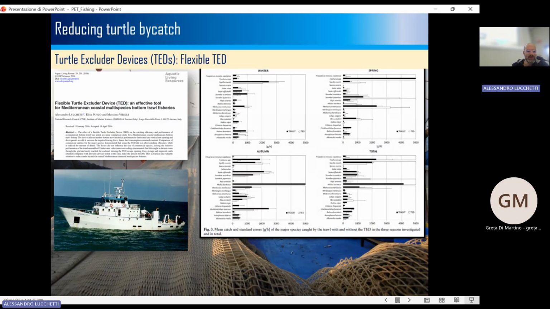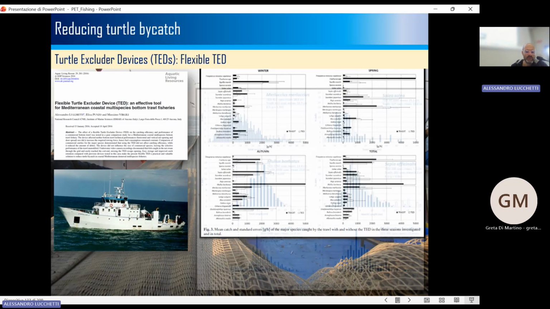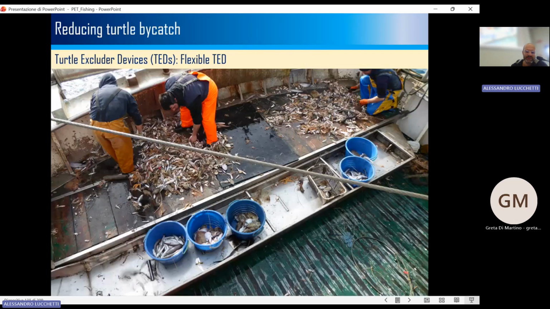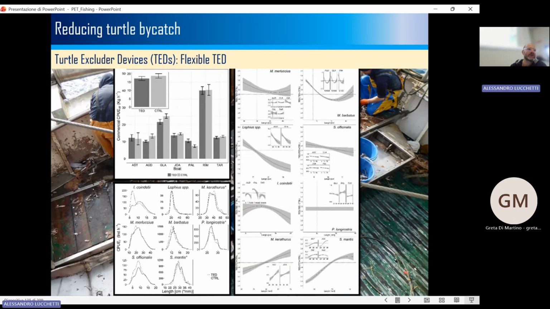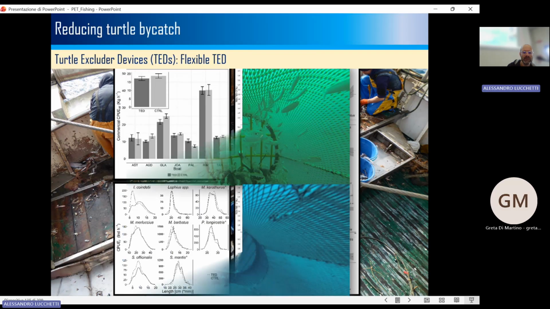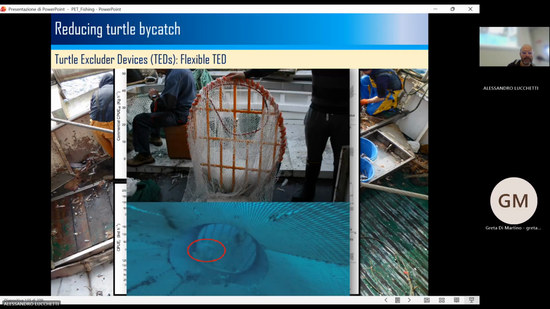You have to consider in your trial the analysis of the commercial part of the catch, etc. Here we demonstrate that there was no commercial loss by using these, not everywhere, but here in the Adriatic, especially in the North Adriatic, where they target small species, and we didn't have any economic loss.